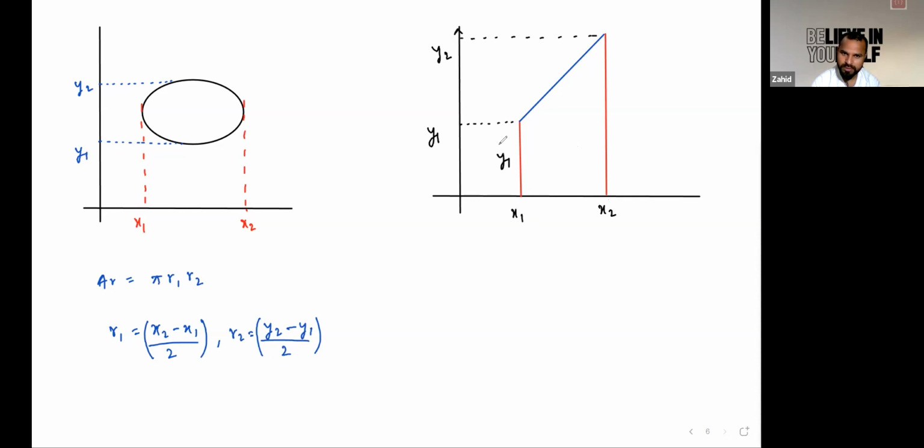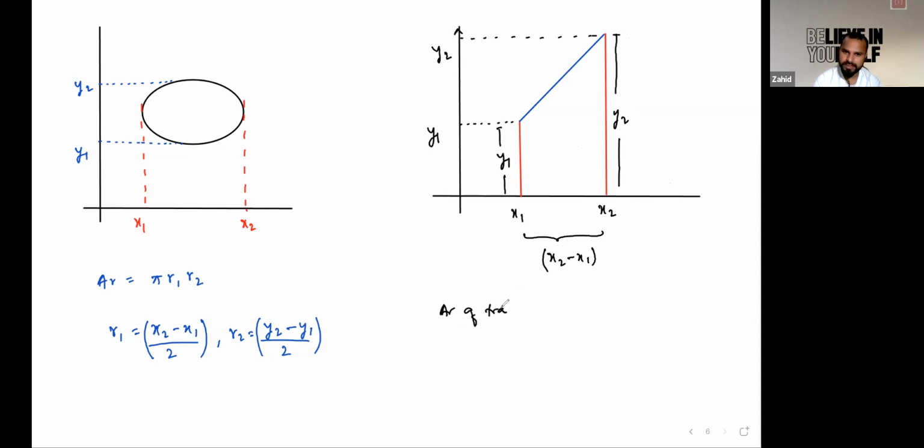So the total length from this point to this point will be y1, and the total length from this point to this point will be y2. The difference between these two from this point to this point is x2 minus x1.